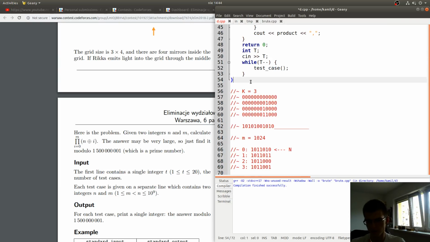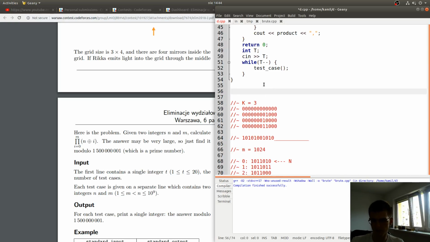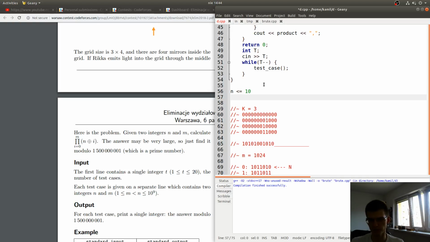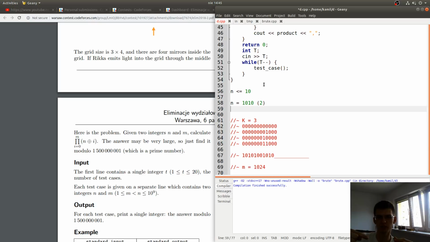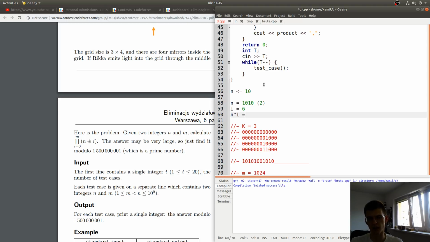Let's see on some example. Let's say that the statement said that n is up to 10. The biggest possible value of n in the binary system is 1, 0, 1, 0. But when we iterate with I, XORing it, let's say that I is equal to 6, which in binary is 1, 1, 0.